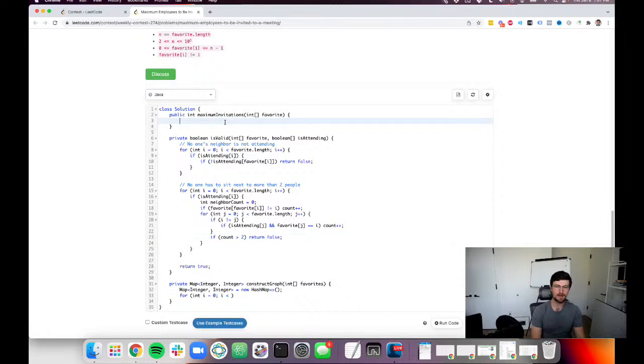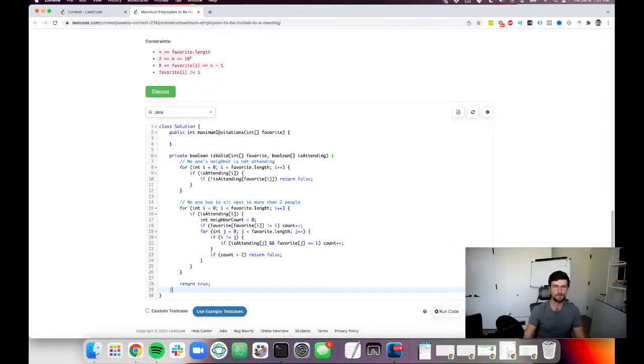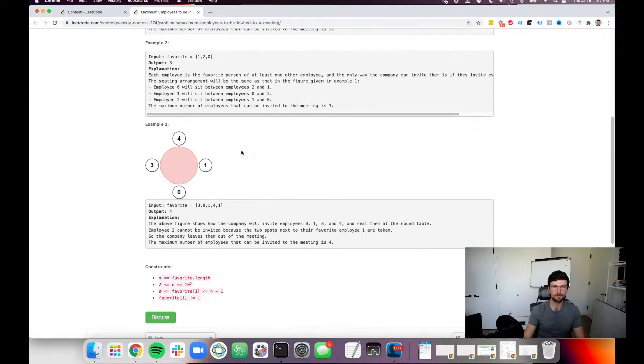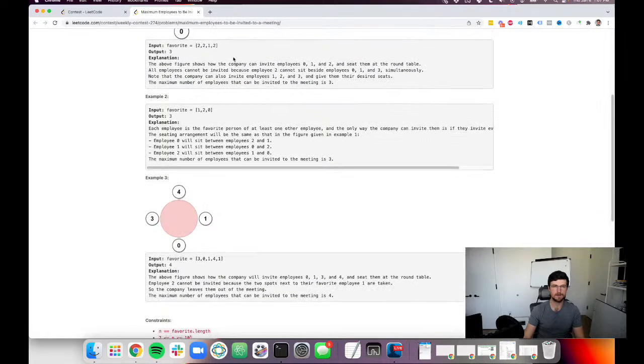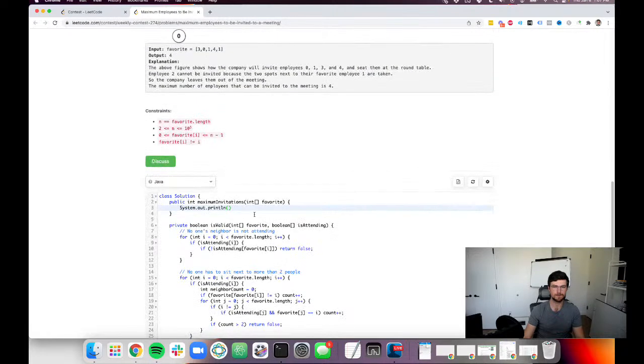Now let's try this. Obviously this is not going to give us our final result, but let's try a couple of examples and see if this does what we think it should do. Let's try these three. This was the invalid one.